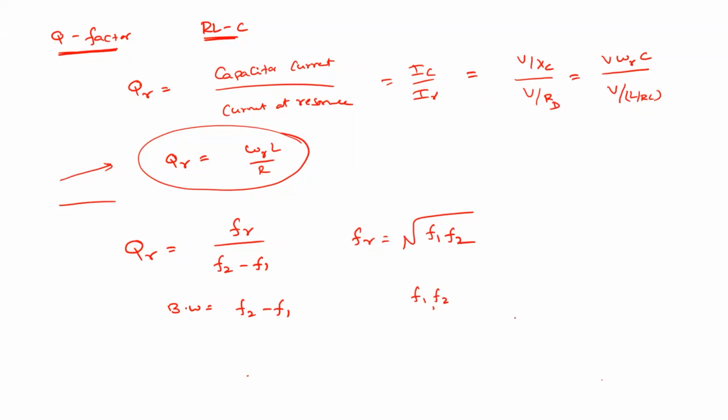So what is the admittance at F1 or F2? Can anyone guess? What is the admittance at resonance? It is R upon R square plus omega square L square. That is equal to 1 by RD, right?